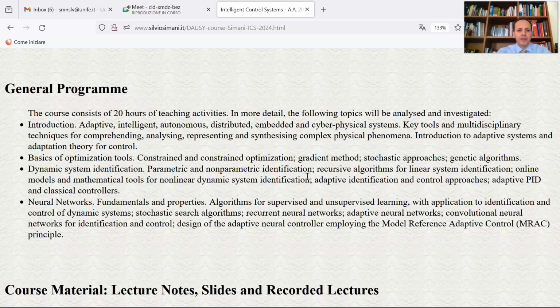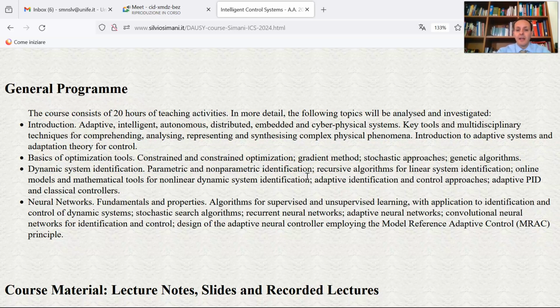After this introduction, we will see the basics of system identification, and I will sketch some techniques for the classical system identification, because system identification is, we will see, the basis for designing an intelligent control system.